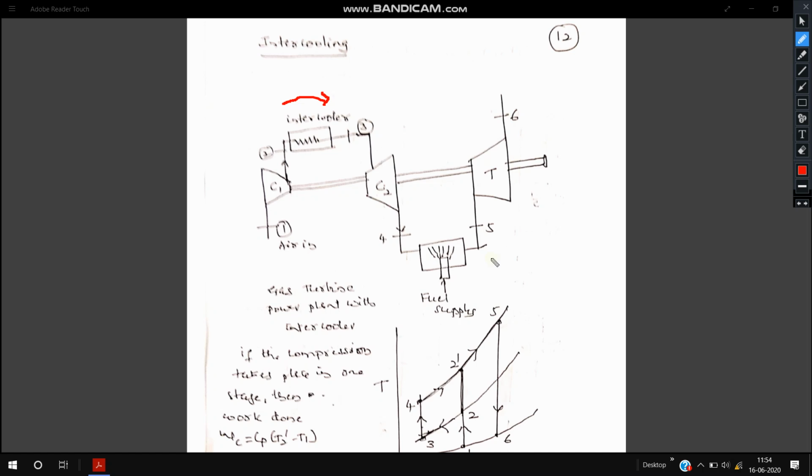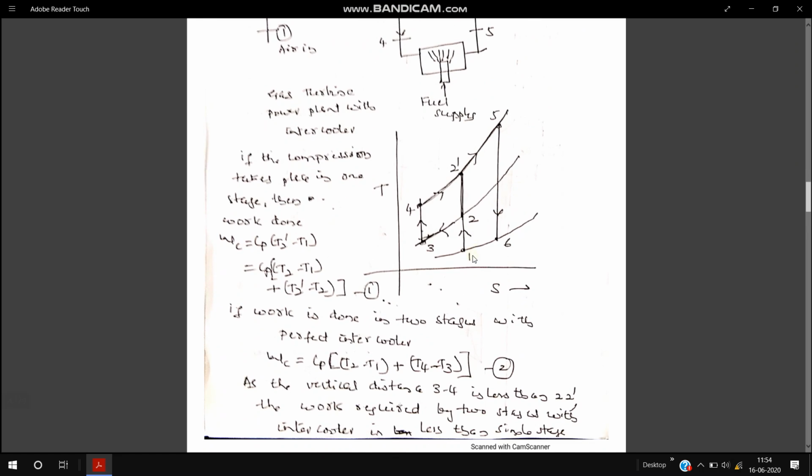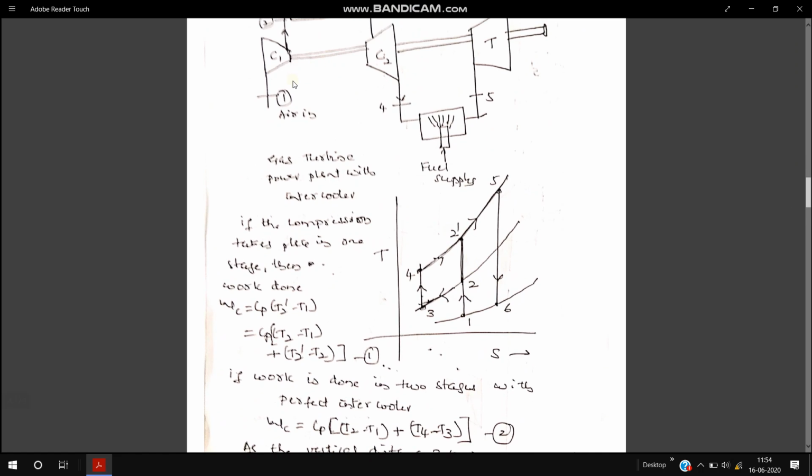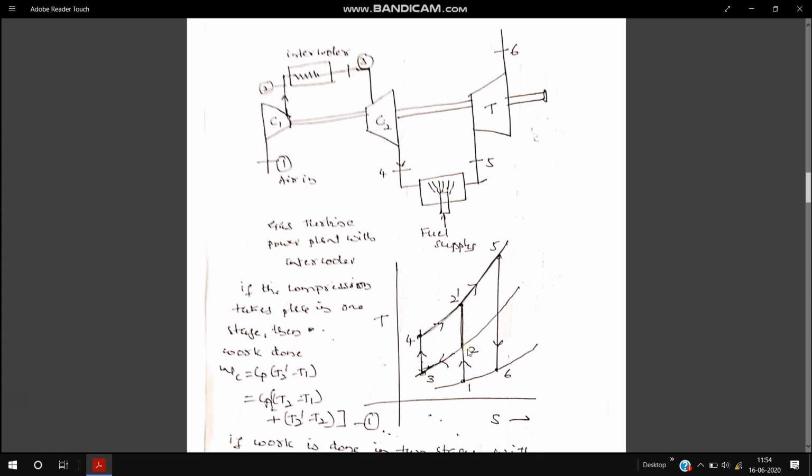Here you can see the air is compressed from 1 to 2 in compressor C1, and it is cooled from 2 to 3 in an intercooler, and again it is compressed from 3 to 4 in another compressor, the second.